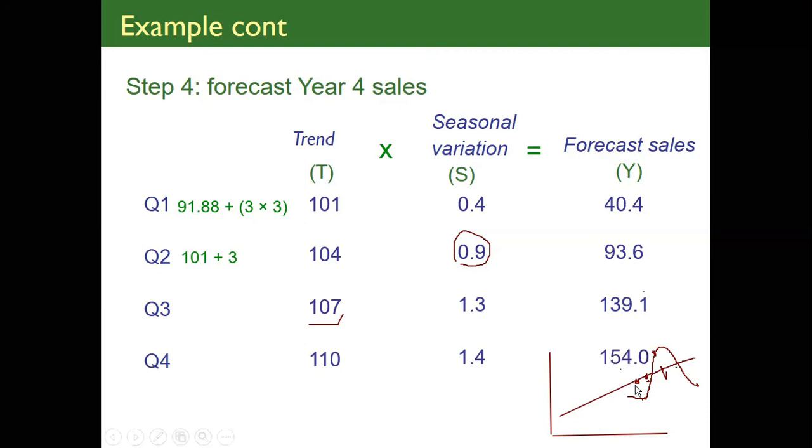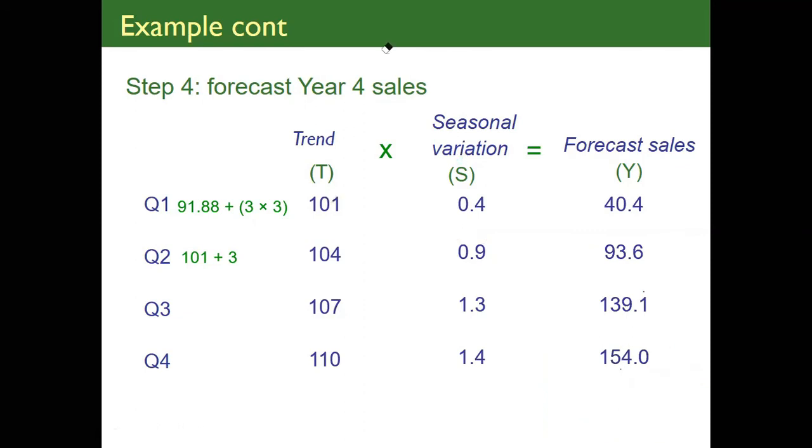You get 154. So this method of time series analysis is practically very useful. It is very logical. It makes sense. The only disadvantage is that it depends on the historical data, and sometimes the market conditions change and the future cannot be predicted on past.